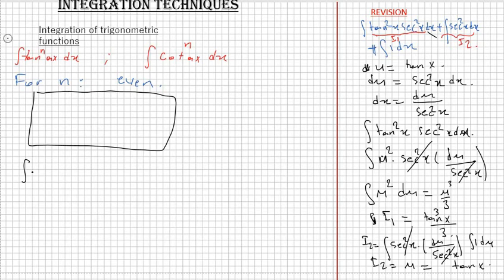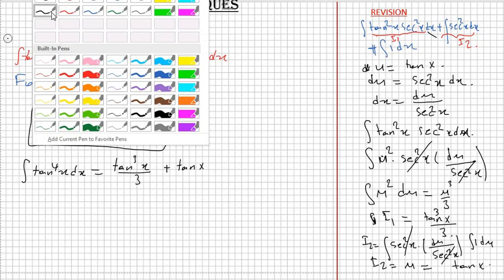So the integration of tan to the power of 4 x dx gives, so first we have I1 which is tan to the power of 3 x over 3, and then I2 is equal to tan x, and then I3 represents the last term, which is the integration of 1 dx.